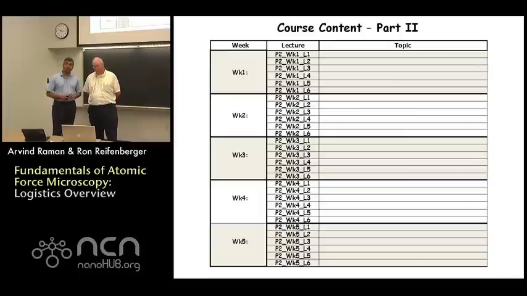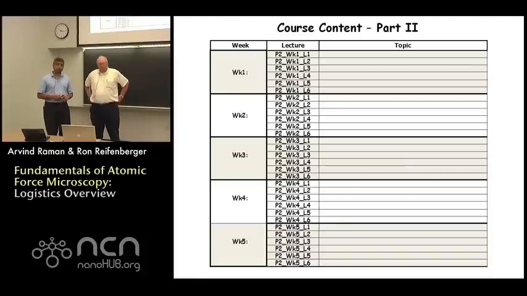And in this table out here, we've got a brief review of the key topics we're going to be covering in part 2 of the class. As you can see, it's a pretty comprehensive range of material, starting from point mass model descriptions for dynamic atomic force microscopy, through simulations on Veda, all the way through understanding electrostatic force microscopy, magnetic force microscopy, and applications in liquids to biology.